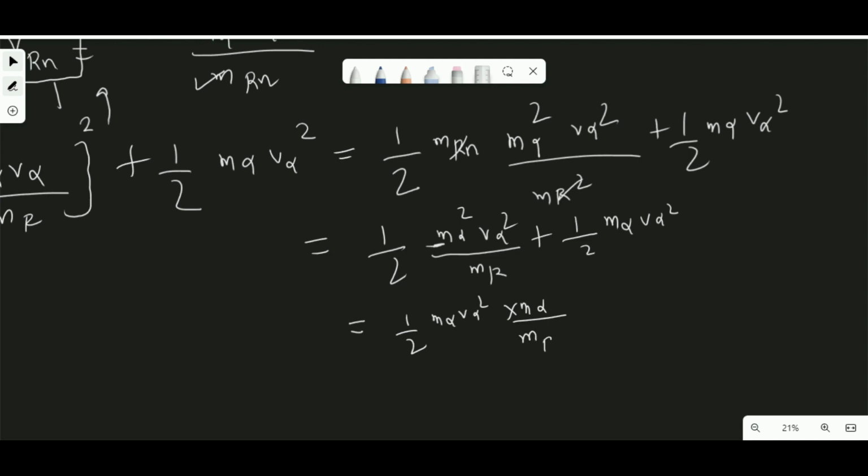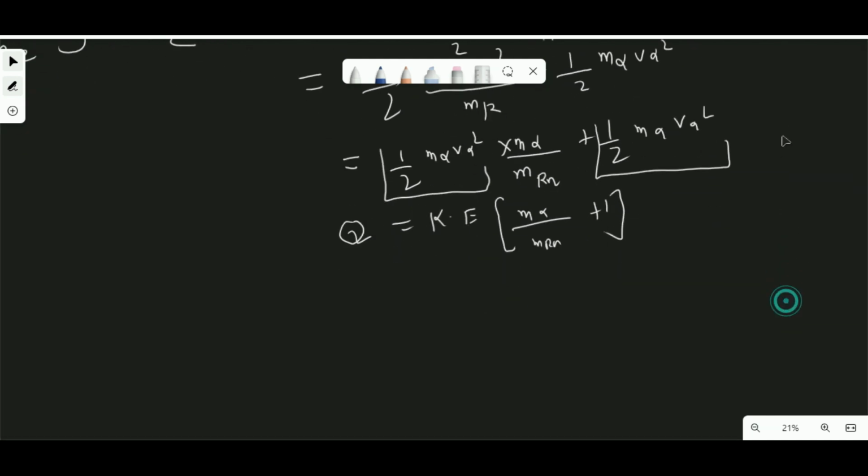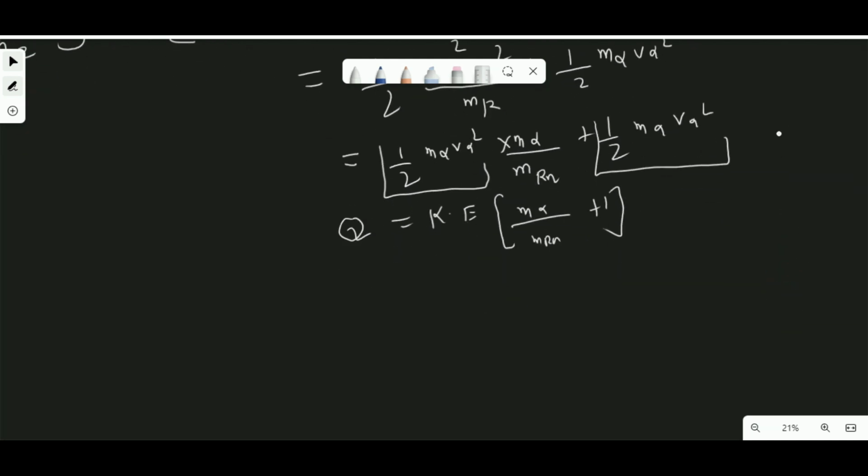This is half m alpha v alpha square, the kinetic energy of the alpha particle, times m alpha divided by m Rn plus 1, and this is equal to Q. Now if you notice this, the Q has been calculated already, right?